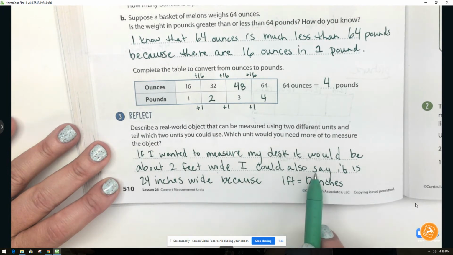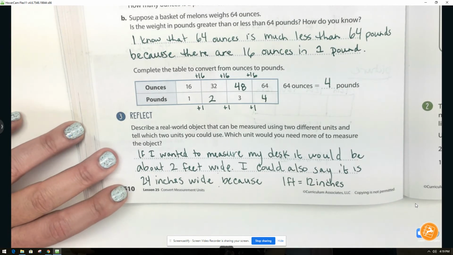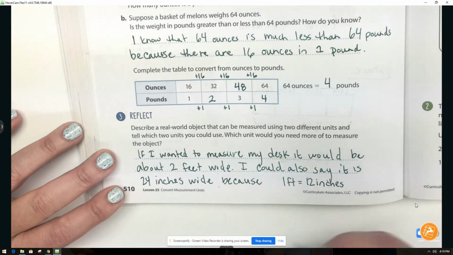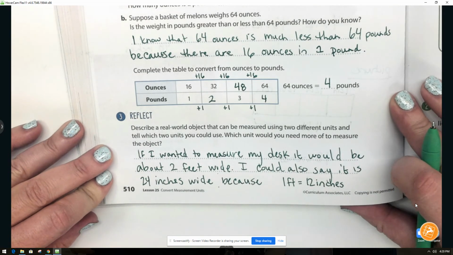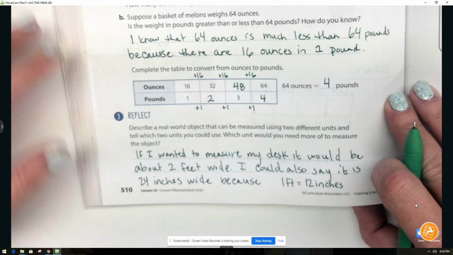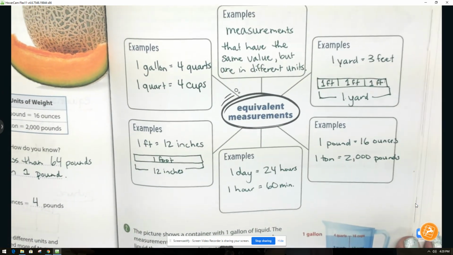I could also say it is 24 inches wide because 1 foot is 12 inches. I would need more inches to measure than I would feet. Once you have that written down, you can pause the video here if you need to. Otherwise, we're going to go to the graphic organizer on page 511.